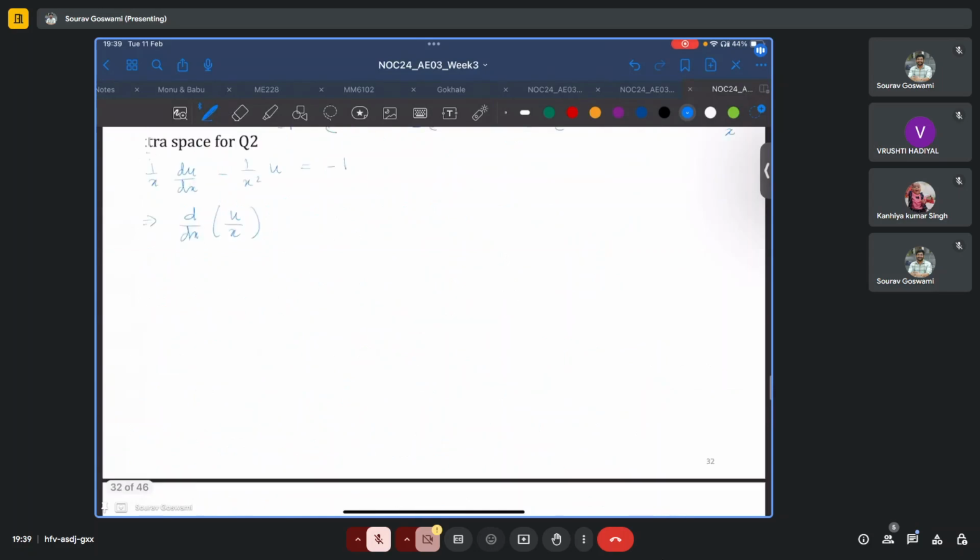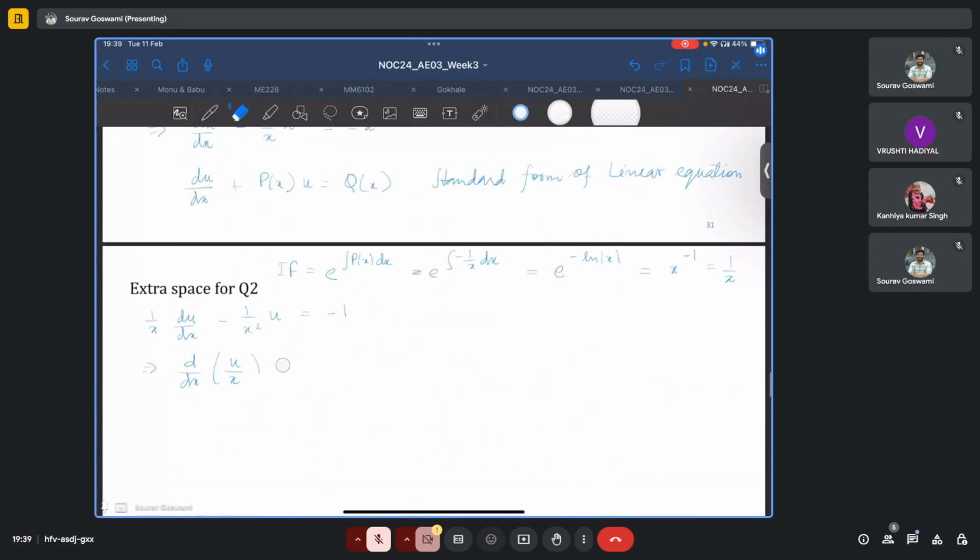And this also gives me an idea that maybe I was looking in the wrong direction. This will become an exact differential, and so this LHS is indeed d/dx of (1 by x times u). So first you have 1 by x du/dx and then minus 1 by x square times u equals minus 1.